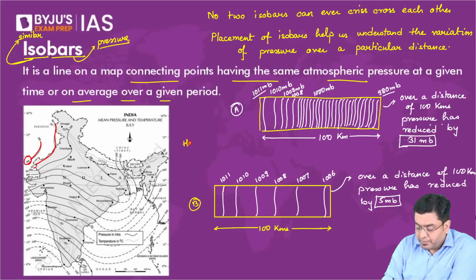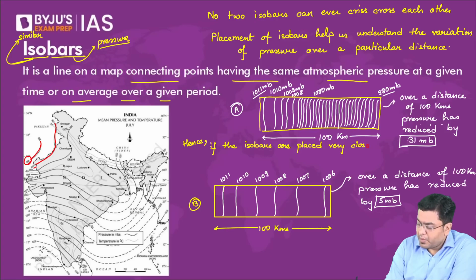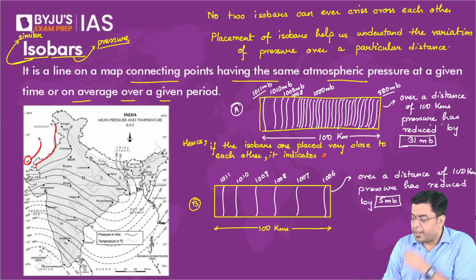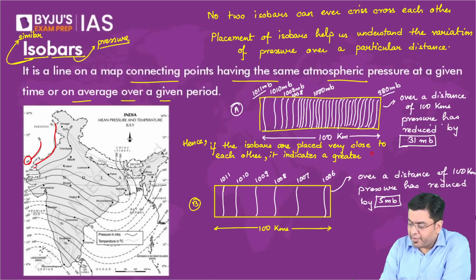Hence, if the isobars are placed very close to each other, it indicates a greater difference in pressure.